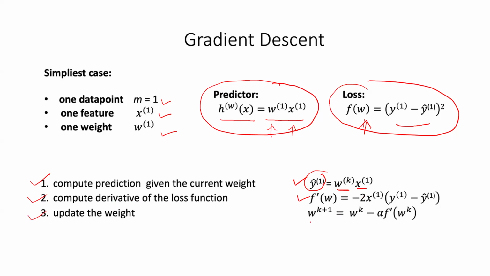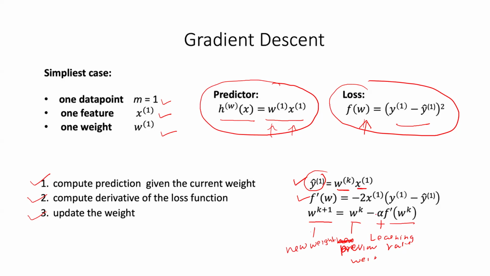Then comes the updation of the weight. The updation of weight is w of k plus 1 equal to w of k minus alpha times f bar of w of k, where alpha is nothing but your learning rate, w of k is the previous weight, and w of k plus 1 is your new weight.